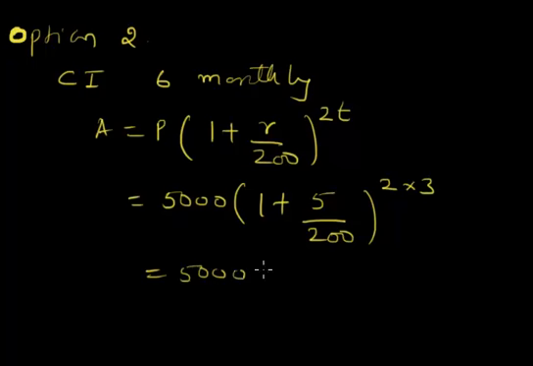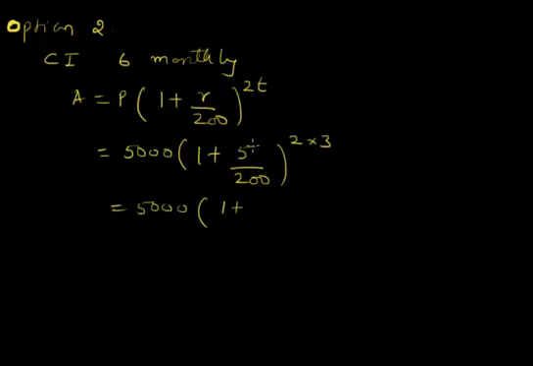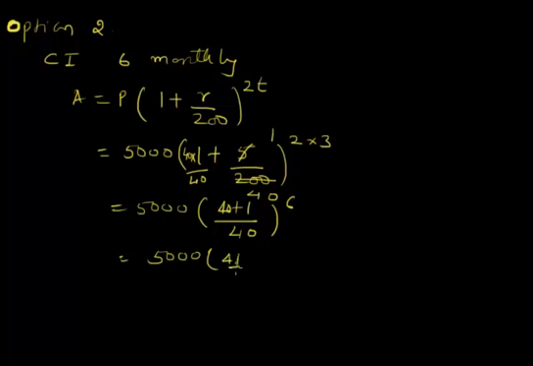So 5,000, 1 plus 1 over 40, which is 41 over 40, raised to 2 times 3, 6.